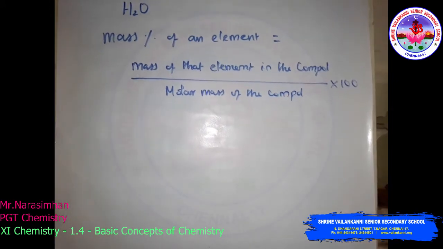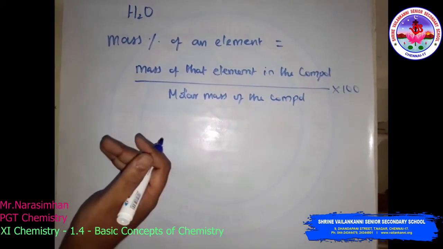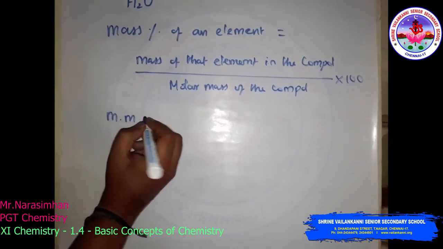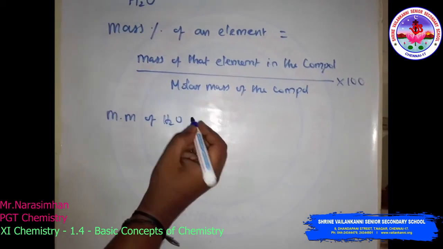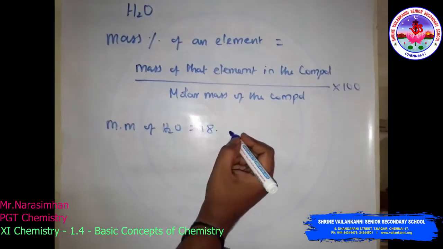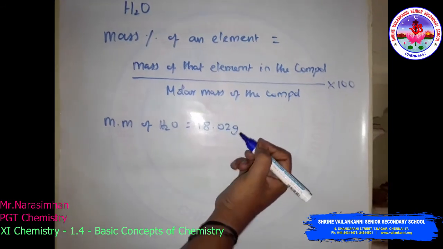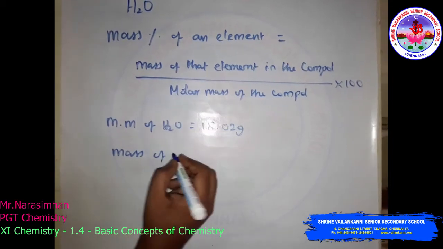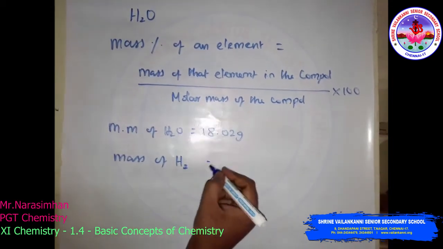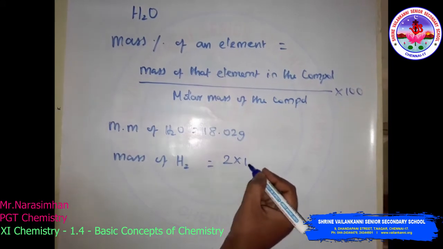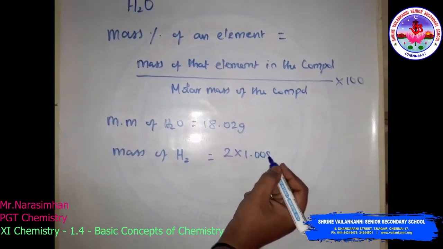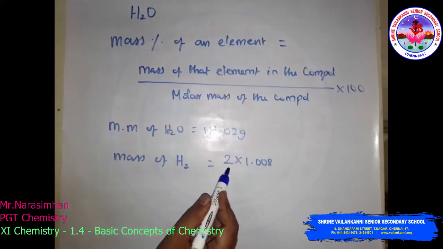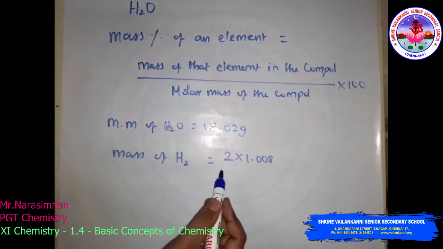So here we can calculate the molar mass of water. Already we know that the molar mass of water is equal to 18.02 gram. Then the mass of hydrogen is 2 into 1.008, since there are 2 atoms of hydrogen and 1 atom of oxygen.